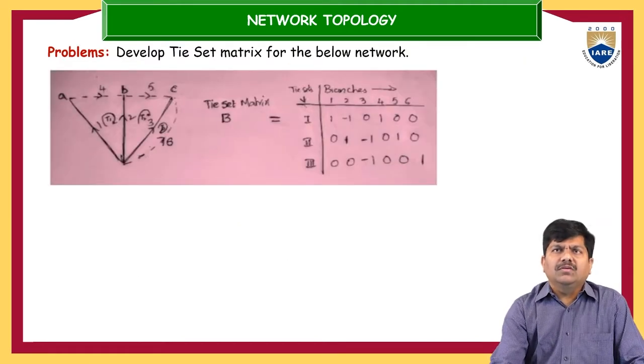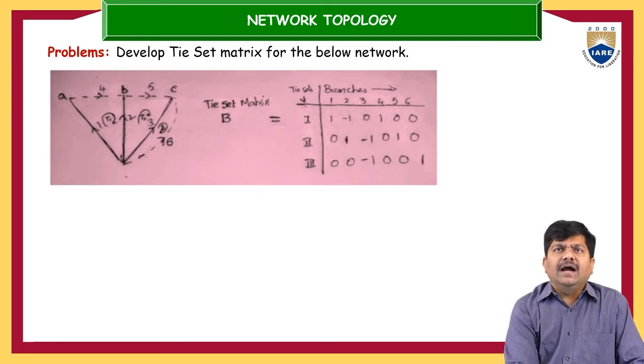So one more problem we can examine here. One portion of the graph can be represented here, and the solid continuous lines are the twigs. The twigs are element number 1, element number 2, and element number 3. The links are element number 4, 5, and 6.